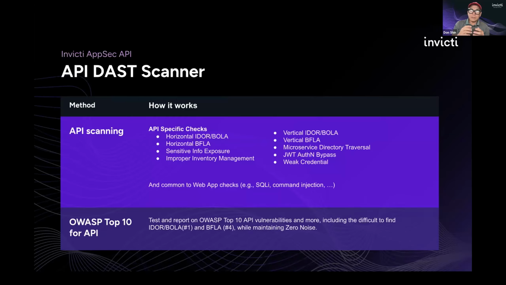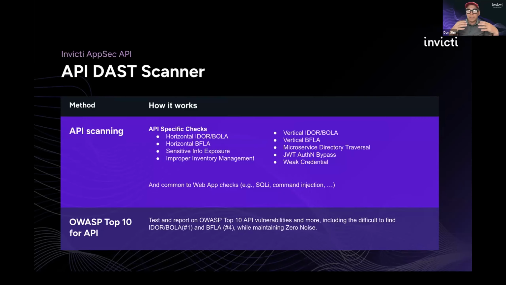And then looking at these web tokens, the JSON web tokens, to see: is strong authentication being applied, or are weak credentials being used inside of here?